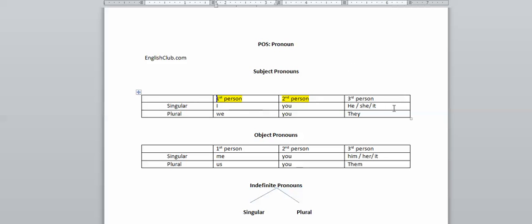Okay, for the third person pronoun, we have male, female, and neuter, meaning no gender pronoun. So the male is he, the female is she, and the genderless pronoun is it. What would you use it for?